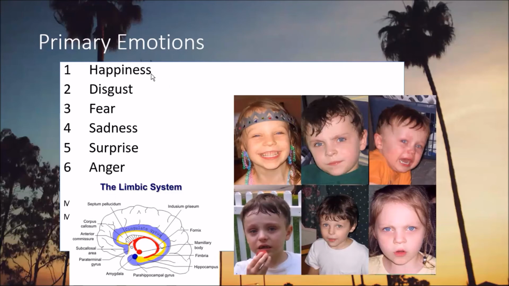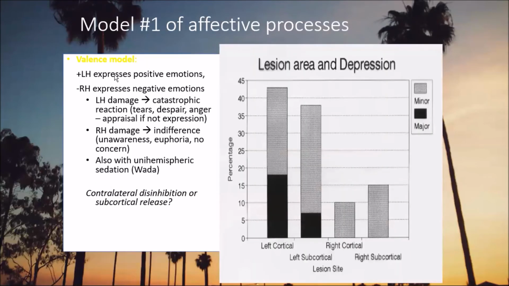The sad thing about this is that of the 6 in this primary assessment of emotion, really only one of them is positive. Surprise could be positive, and the other 4 are negative. These are my children showing them all, when they're younger. That's an old photo.